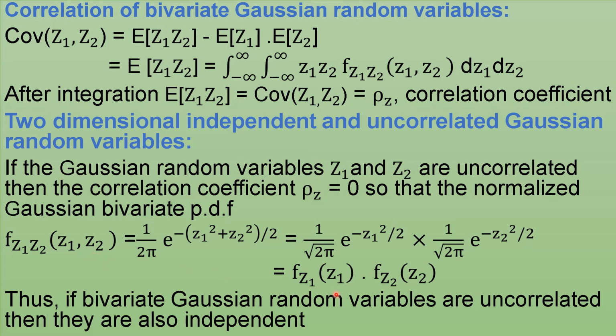So this implies Z1 and Z2, which we assumed as uncorrelated Gaussian random variables, are independent. So if bivariate Gaussian random variables are uncorrelated, then they are also independent. Uncorrelated bivariate Gaussian random variables are always independent.